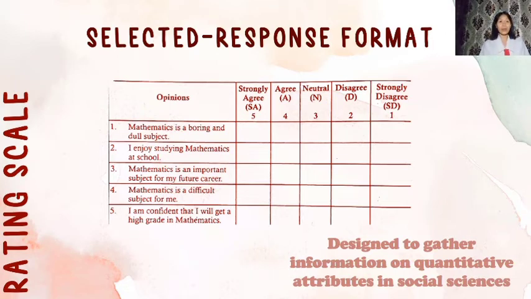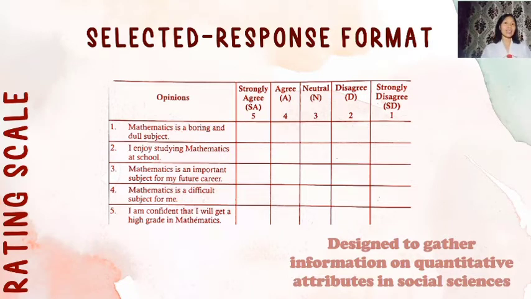The most common rating scale is the Likert scale, wherein the students are required to mark whether they strongly agree, agree, disagree, or strongly disagree towards something. Each category has a corresponding scale value, which will be used later on for the interpretation of data.